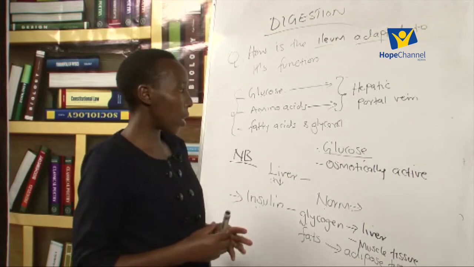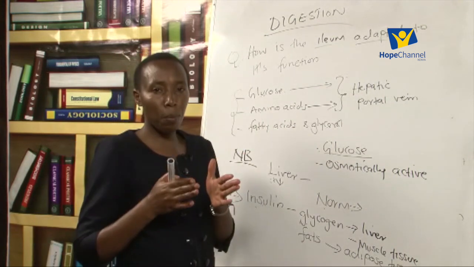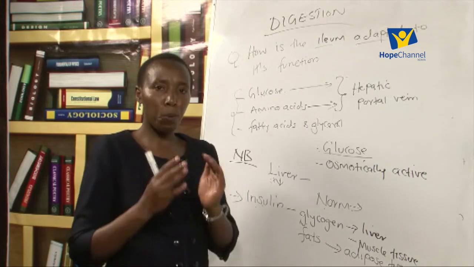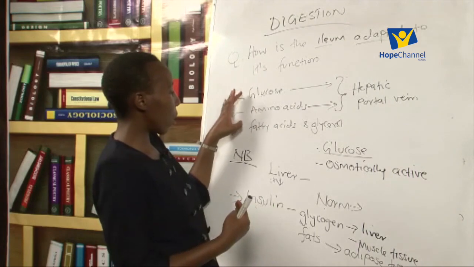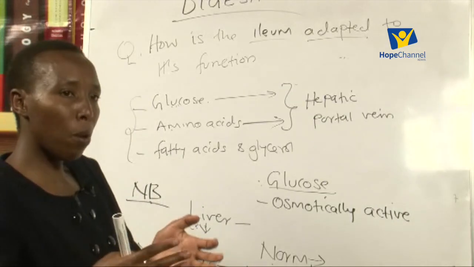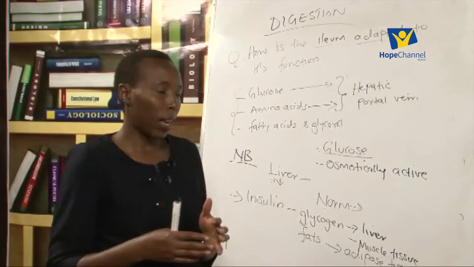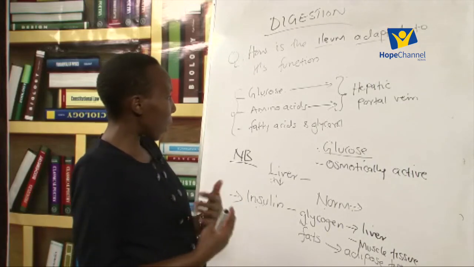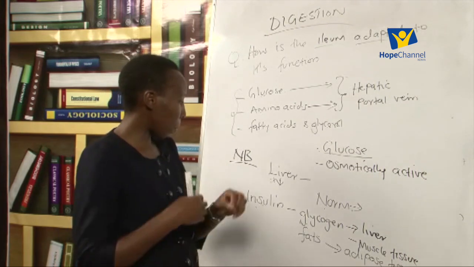And we said that after digestion, we have absorption, and absorption is the process whereby the end products of digestion diffuse into the cellular lining of the villi.